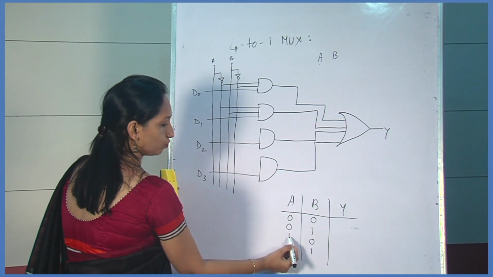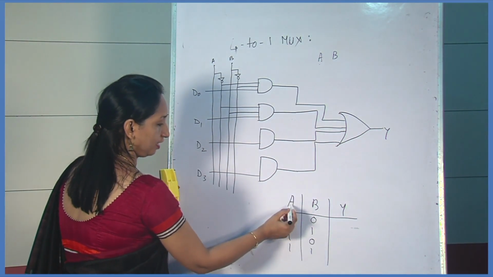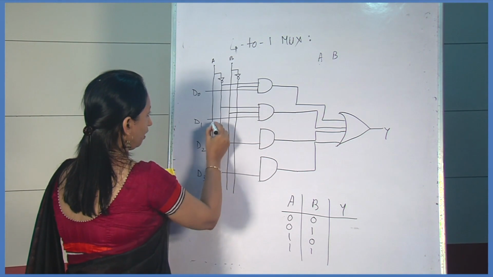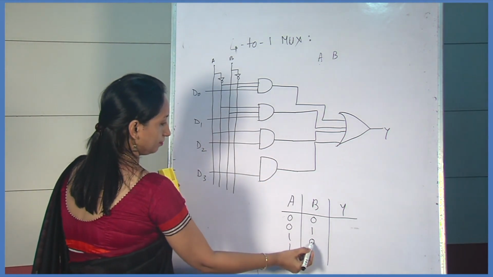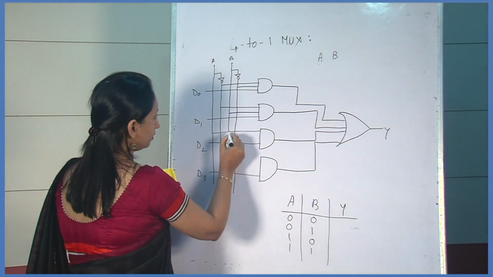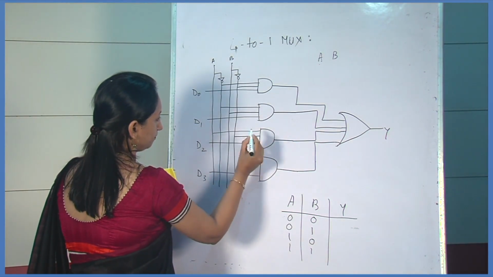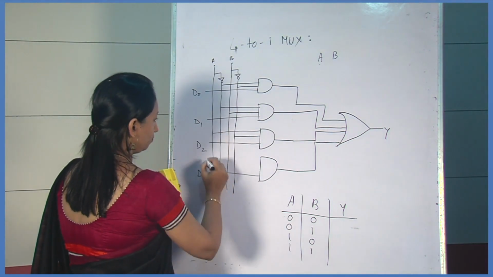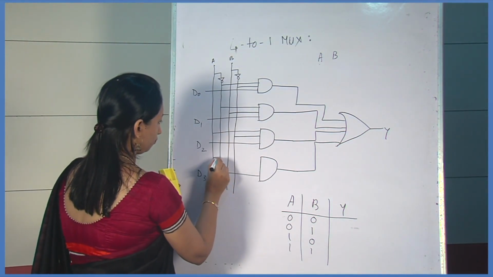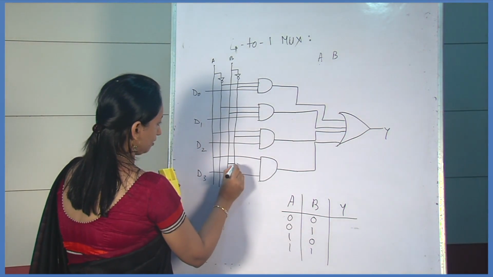Next combination is 1 and 0. That means A is 1, so here this is the line 1. Then B is 0, so it should be from the NOT gate. And the fourth combination is 1, 1, with both inputs A and B being 1, so from this line and this line.